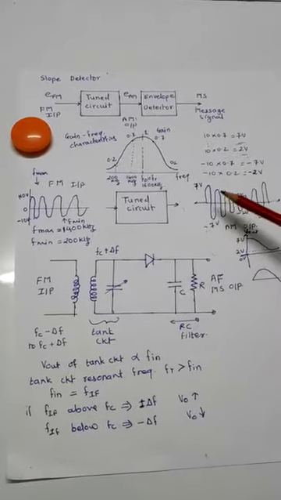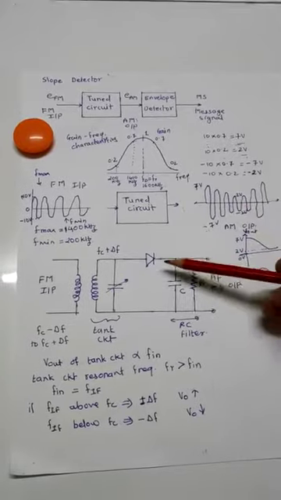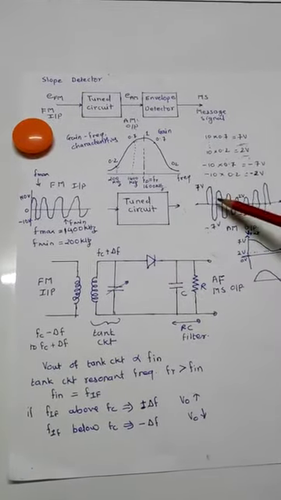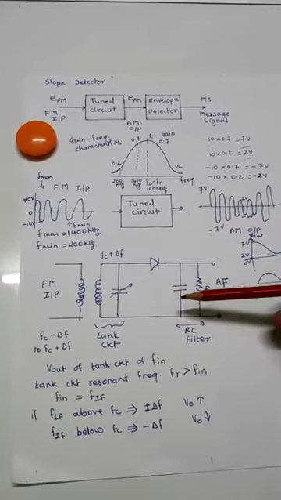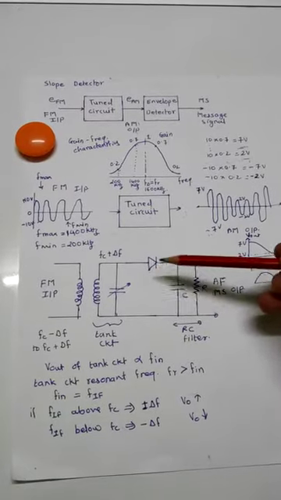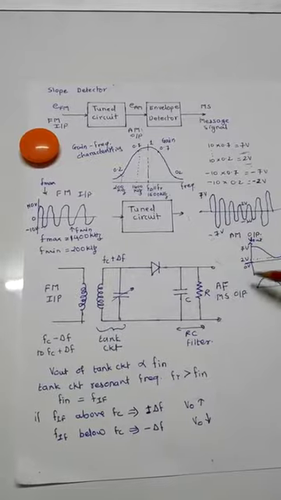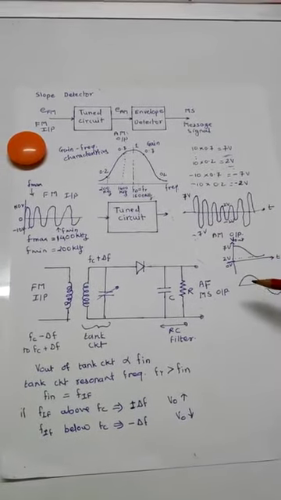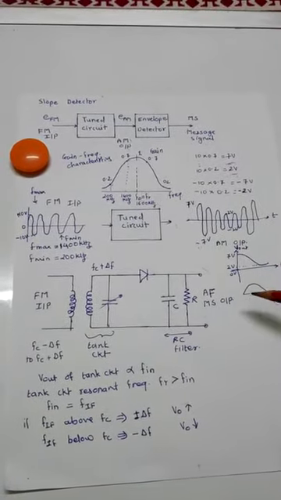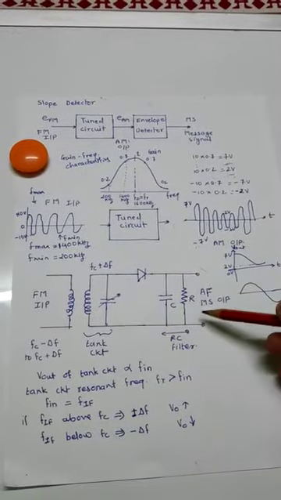Again, when the next positive half cycle comes, this capacitor is charged to the next half cycle peak and so on. And in this way we get the message signal at the resistor R.